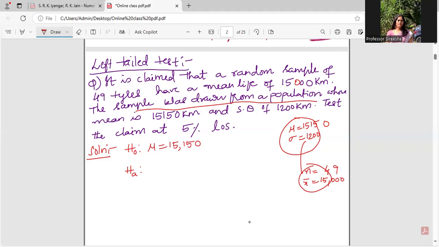Now, the alternate hypothesis should contradict the null hypothesis. You see here, X bar is 15,000 and mu is 15,150.